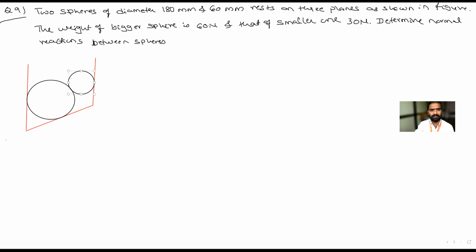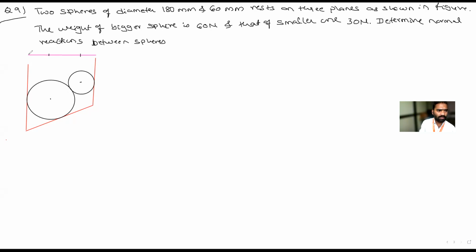Next, the second cylinder is having 60 mm diameter. So consider this is the center of the cylinder. This is the center of the cylinder. Okay. Then this is given. So first one is 180 mm diameter.